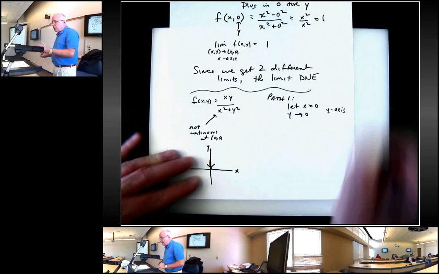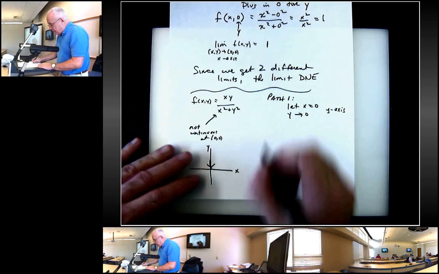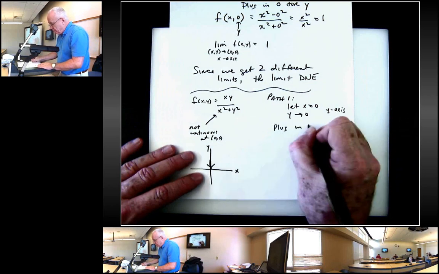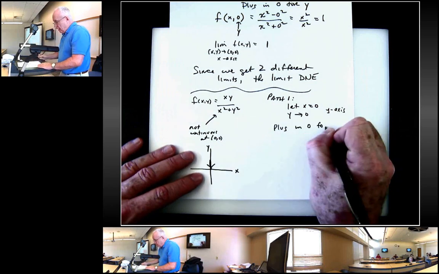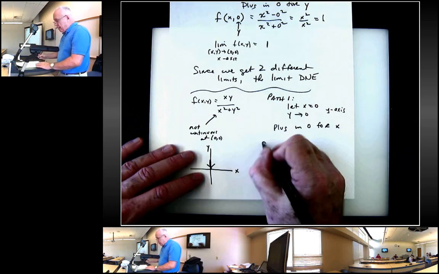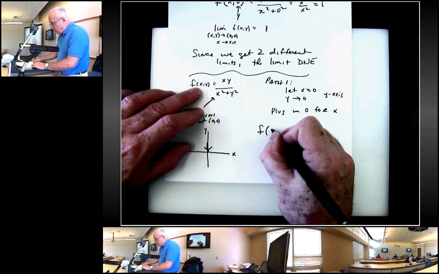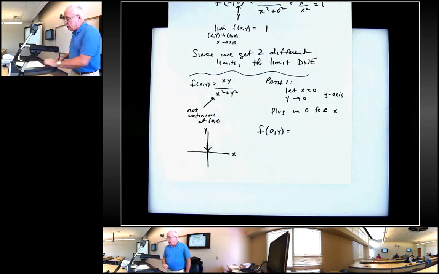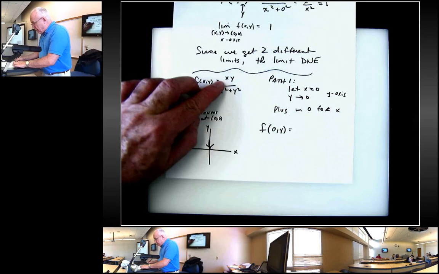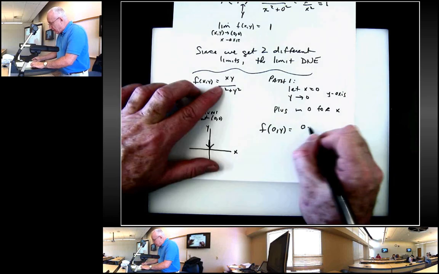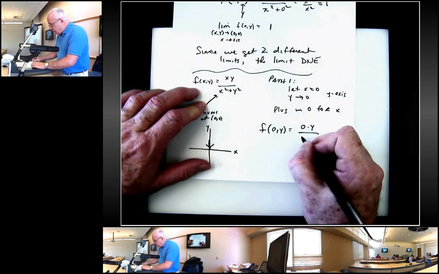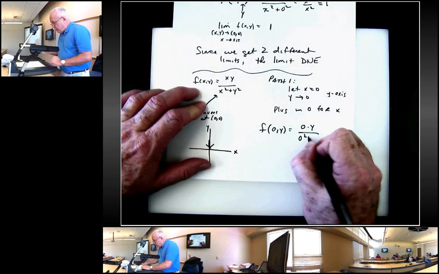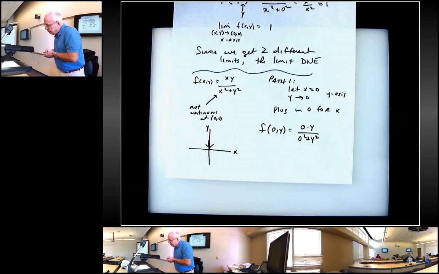All right, so let's plug in 0 for x. And what do we get here? Now that's going to be f at 0 comma y. And so now we have x times y, so that's going to be 0 times y over 0 squared plus y squared. I think that's right.